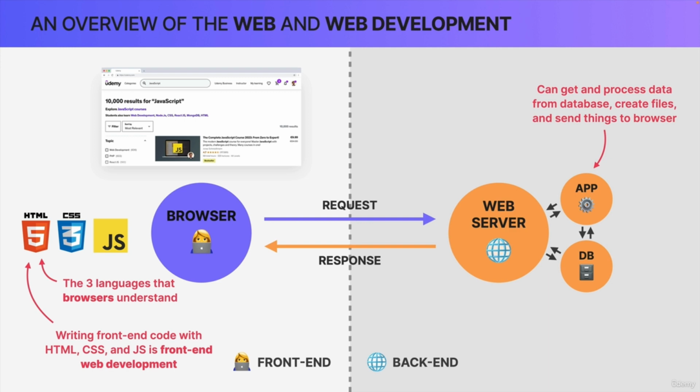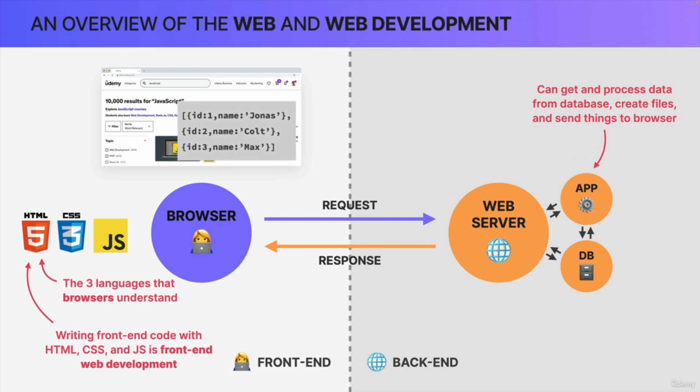And I'm saying things here because web servers can not only send HTML, CSS, and JavaScript files, as we learned initially, but also just raw data. So, in other words, a browser can also just request some raw data, and the server will then get the data from the database and send it as a response to the user's browser.